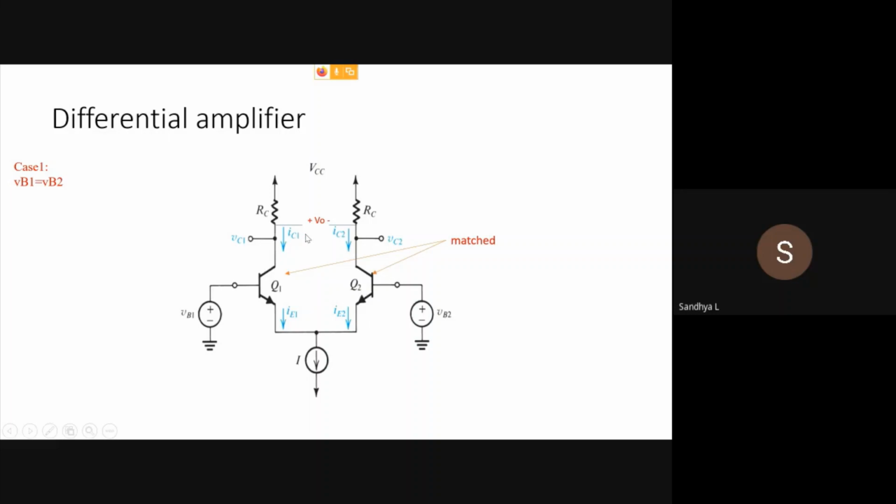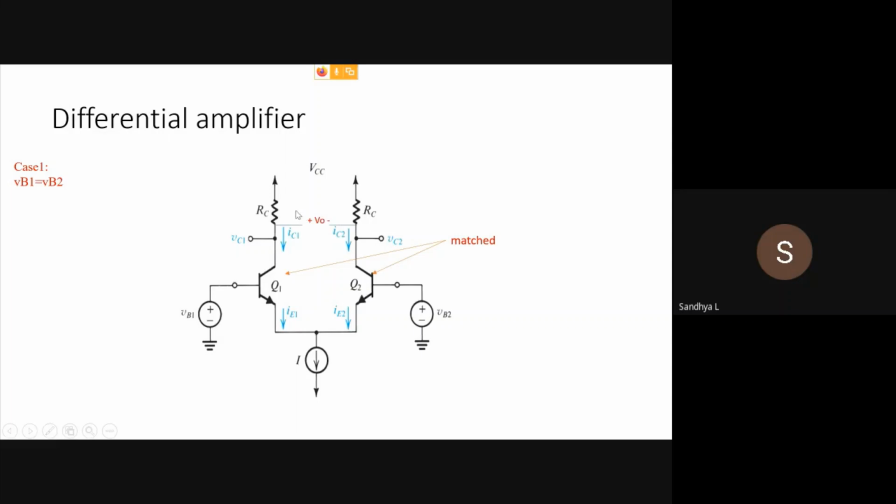In this particular case, V naught is taken as Vc1 minus Vc2 because of this polarity. We are going to prove that in the common mode, a differential amplifier rejects the common signals. That is, when a common signal is given to the base of both the transistors, then V naught is equal to 0. This is what we are going to prove.